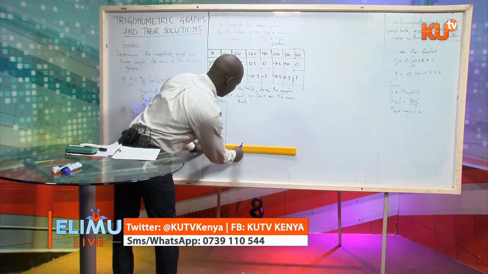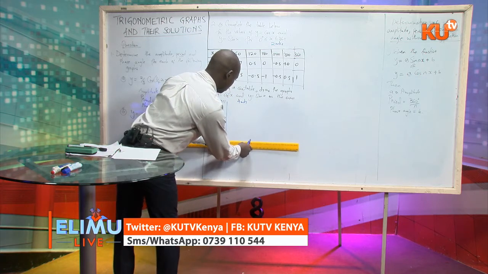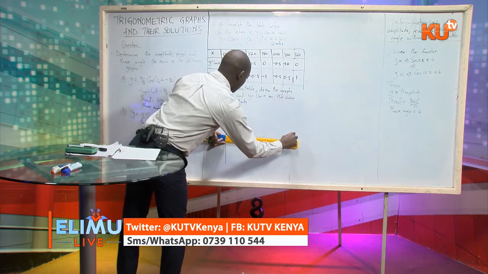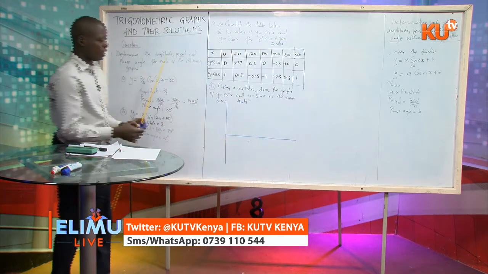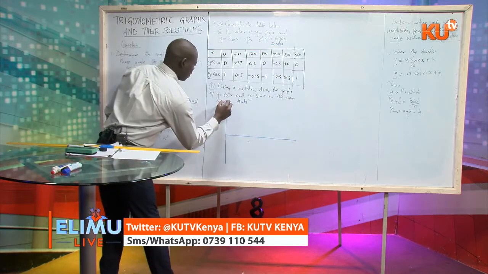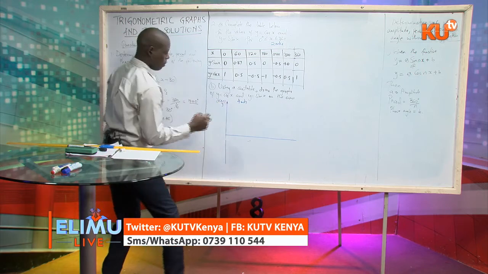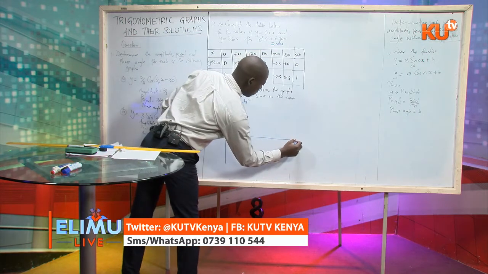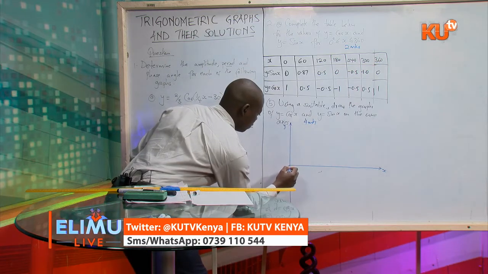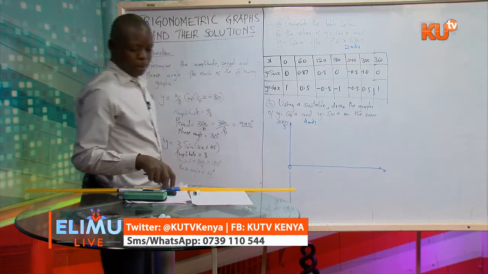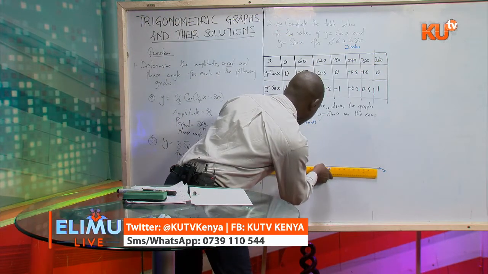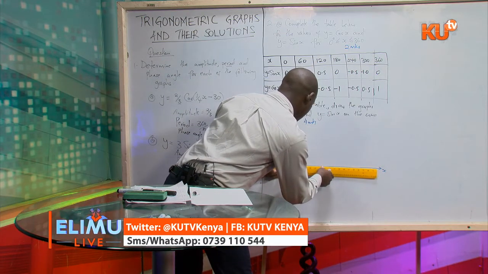We'll draw our Cartesian plane. Again, we have to be very careful so that we get the right figures. The y-axis is labeled y-axis. Then we have x-axis. And at this point, we have 0. We have to choose an even interval, so ensure you take your ruler well.